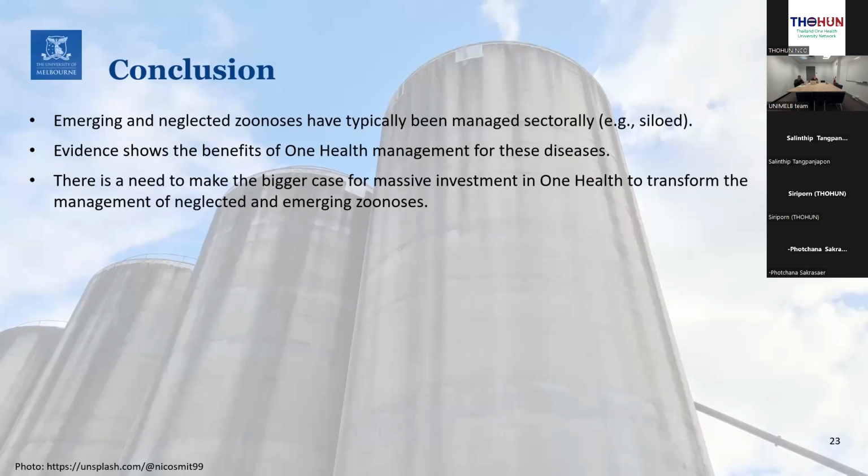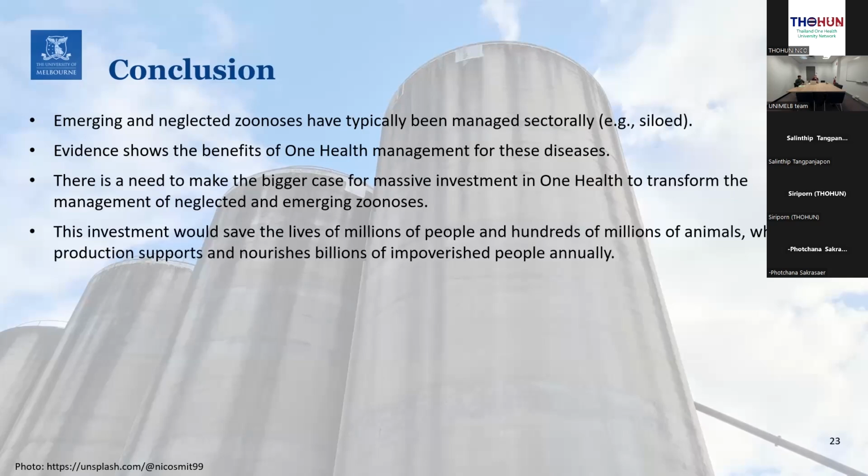There's a need to make a bigger case for massive investment in One Health to transform the management of neglected and emerging zoonoses. This investment would save millions of people and hundreds of millions of animals, whose production supports and nourishes billions of impoverished people annually. So that prediction unfortunately became quite true in the last couple of years.